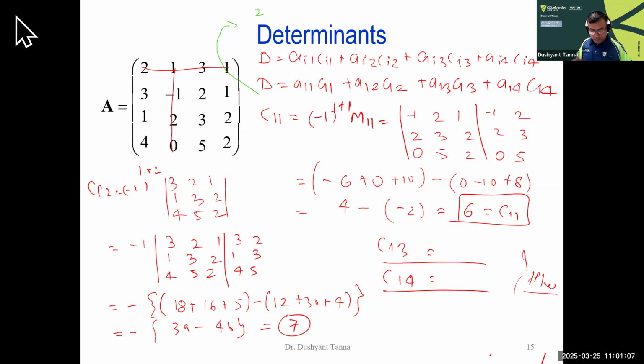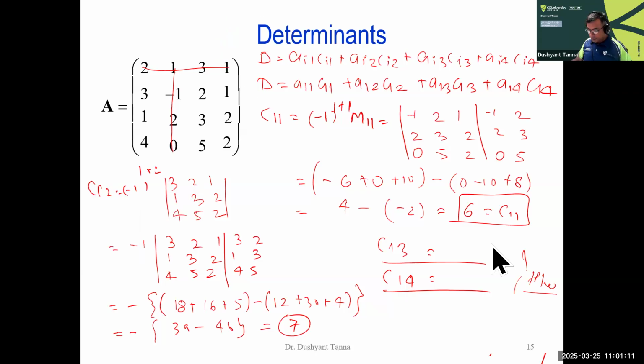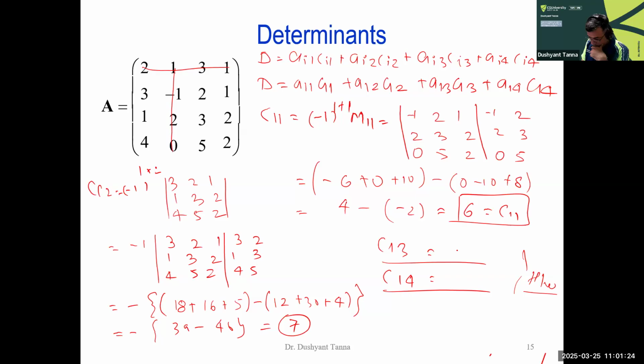With the same calculation, we got our C13 as minus 2, and C14 is minus 7.